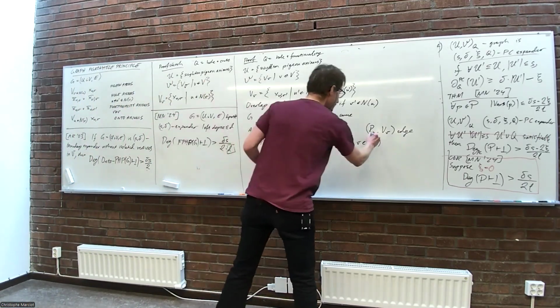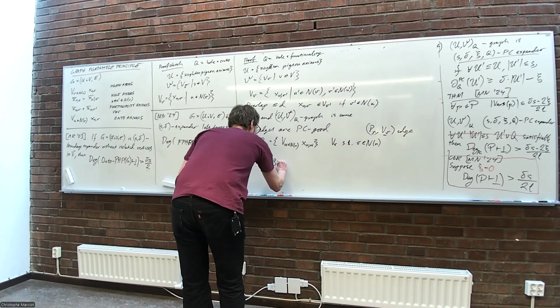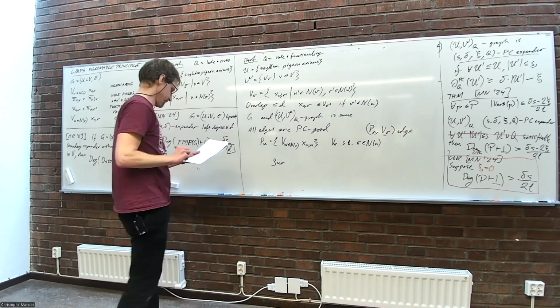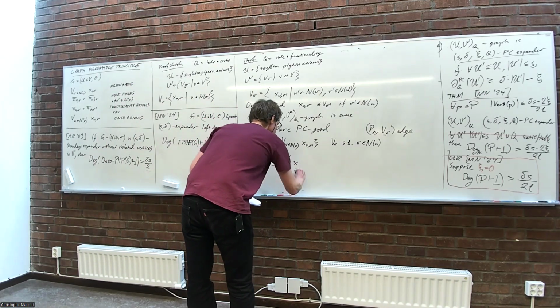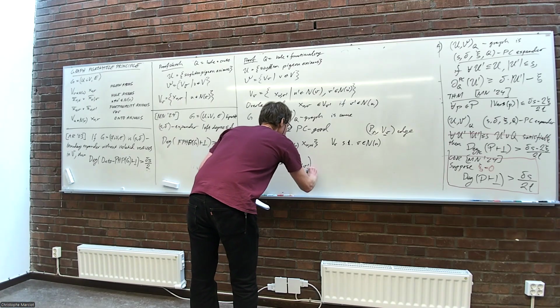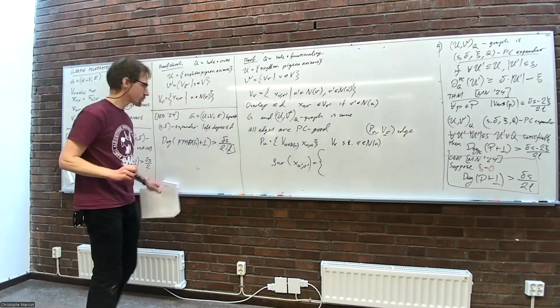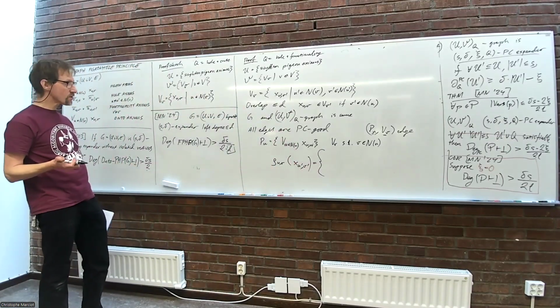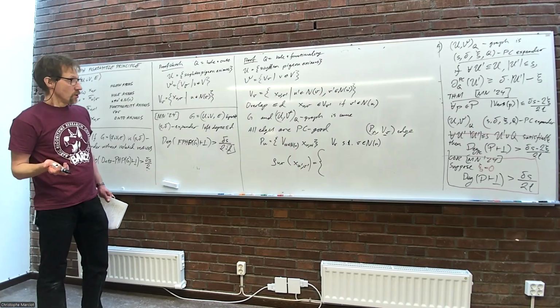Okay, so for this edge, I need to define a row UV that assigns values to variables x, u prime, v prime. And let's see what can we do.